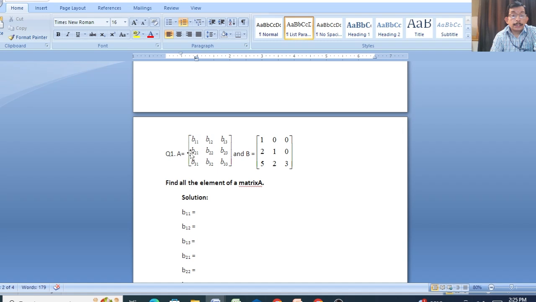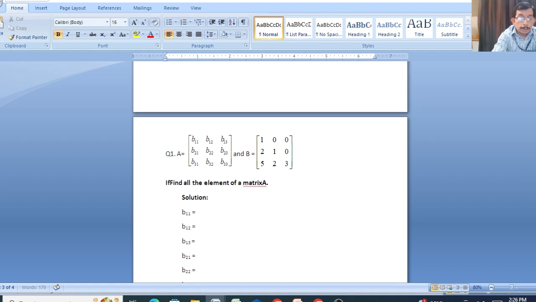A is the matrix with first row B11, B12, B13, second row B21, B22, B23, and third row B31, B32, B33. Matrix B has first row 1 0 0, second row 2 1 0, and third row 5 2 3. These are two matrices A and B. Both matrices are equal.